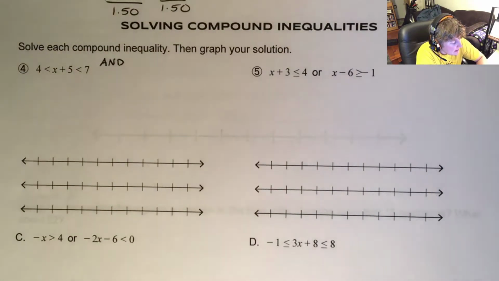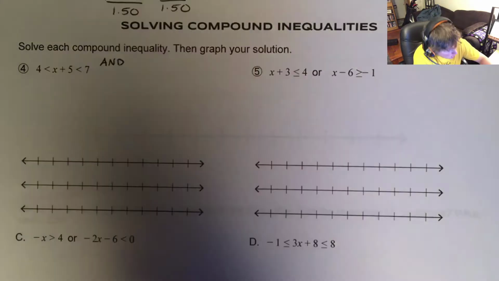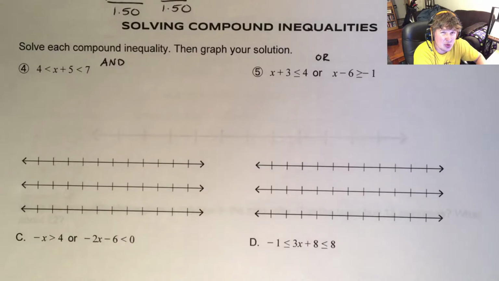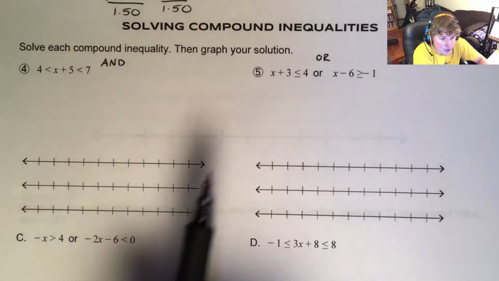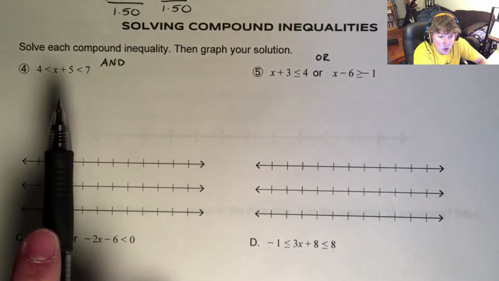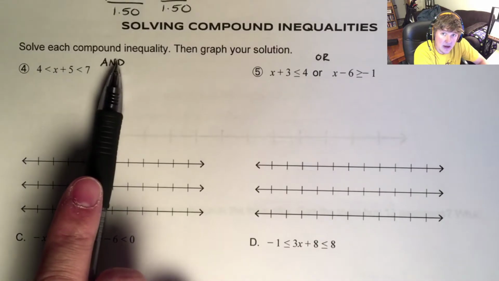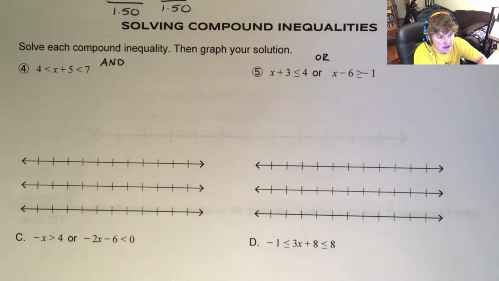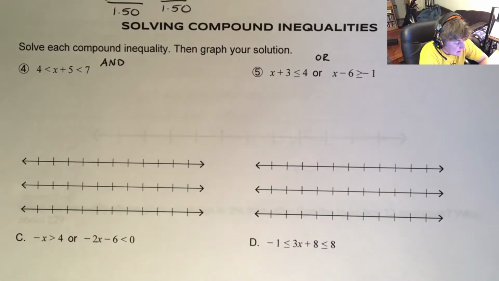Or inequalities will always have the word or. They'll never push them together. So you really don't ever have to concern yourself about or inequalities. It's always an or inequality if it has this little word or. And inequalities can be written as two separate ones with the word and, or if it's written condensedly like this, it is an and inequality.